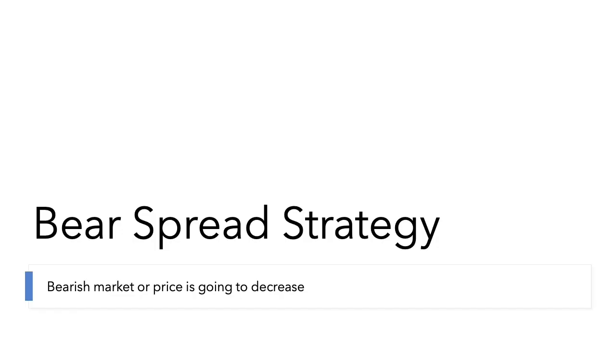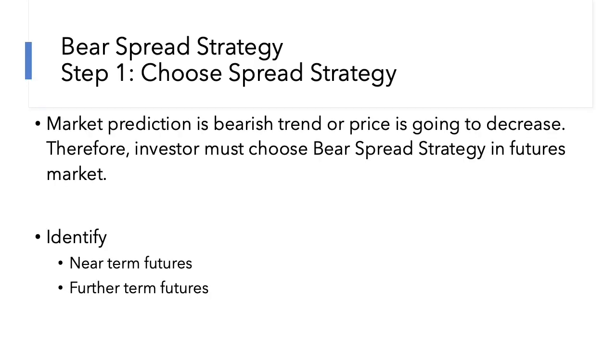August to October is just 3 months. August to December, August, September, October, November, December, so 5 months. So when you read the question or analyze any case where you have two futures contracts, you must identify which one is near-term futures and which one is further-term futures.